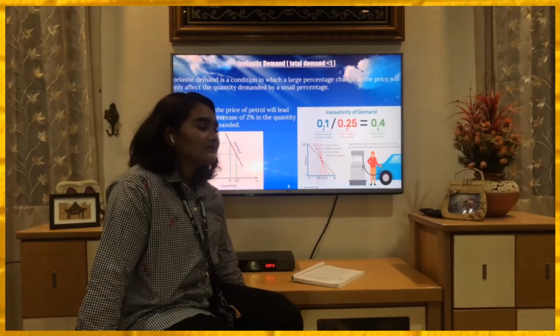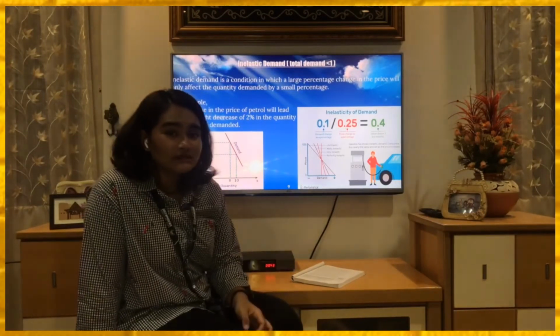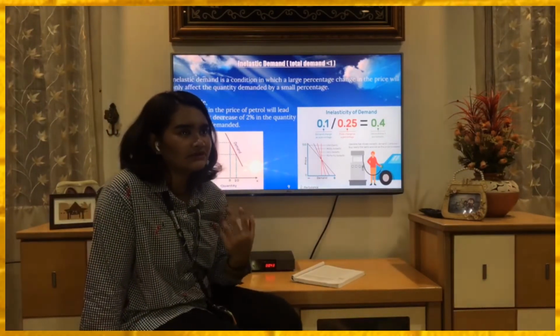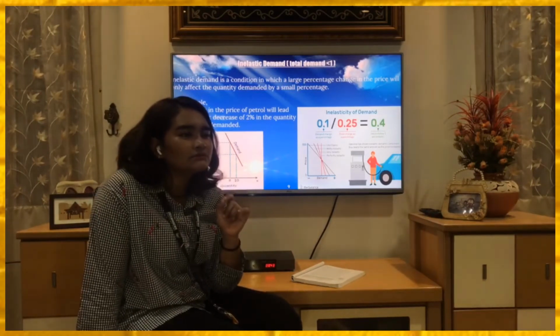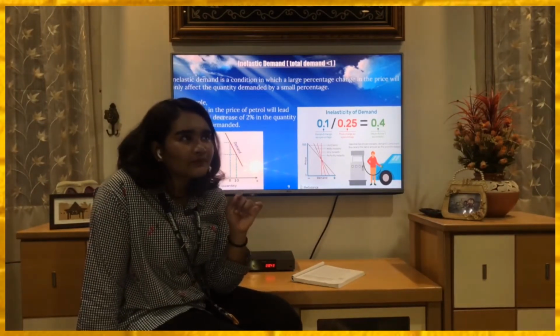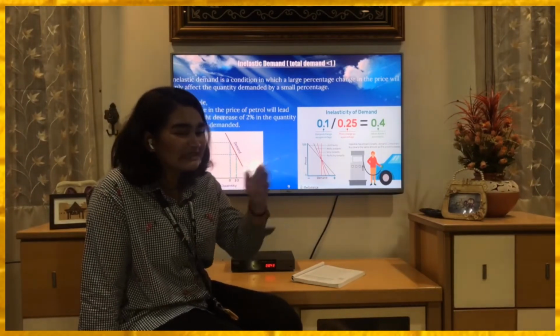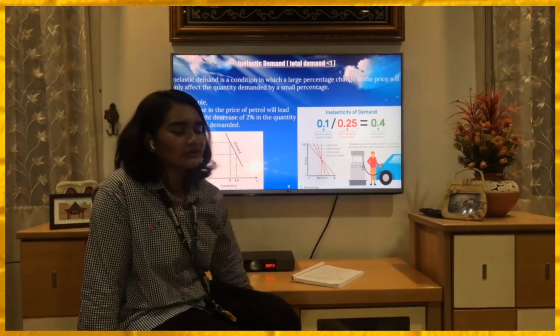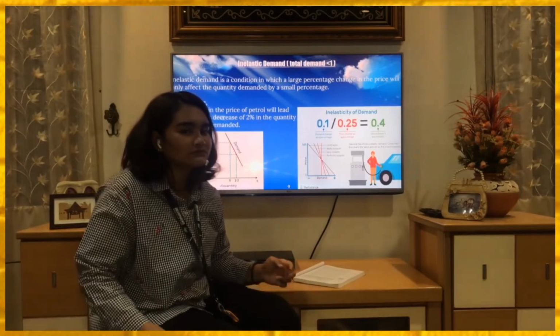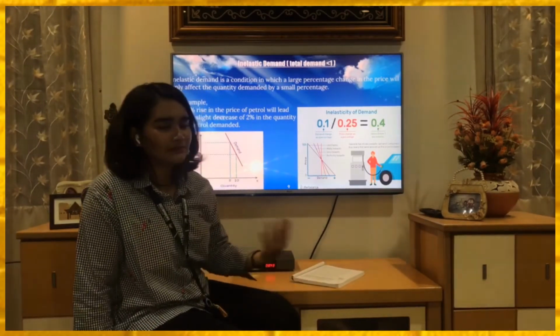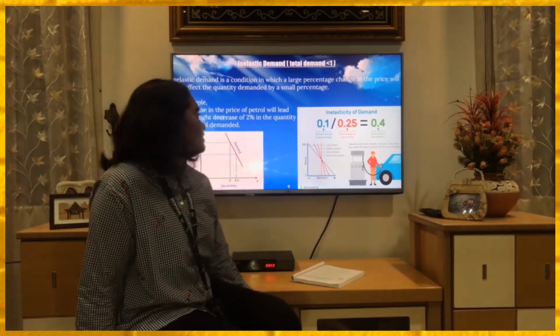What it means is that when the price increases, the quantity demanded will decrease only a bit. It will not decrease a lot because petrol is useful for people, since people these days have a lot of cars.